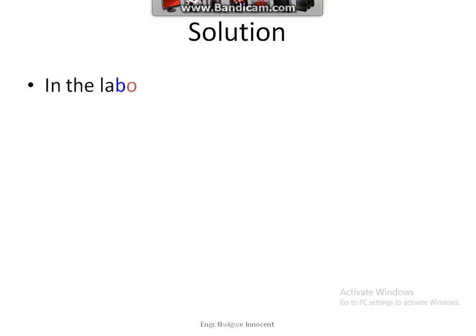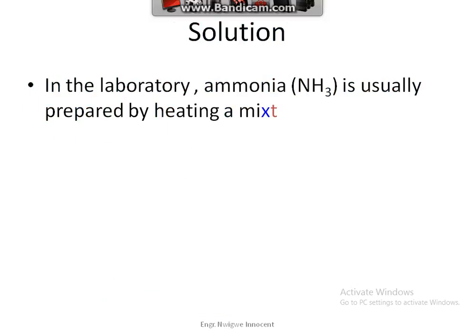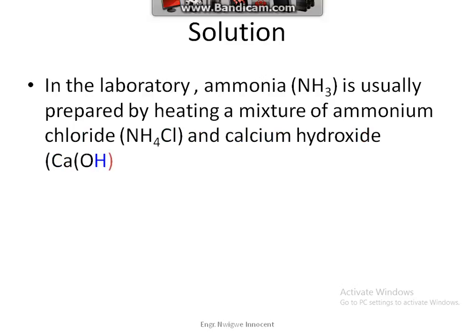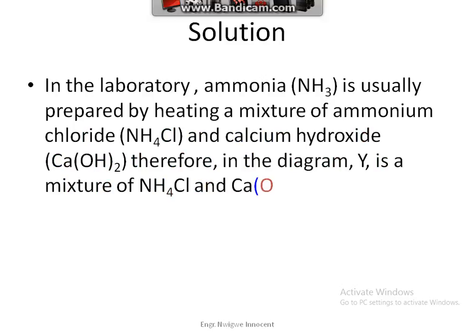In the laboratory, ammonia NH3 is usually prepared by heating a mixture of ammonium chloride, NH4Cl, and calcium hydroxide, Ca(OH)2. Therefore, in the diagram, Y is a mixture of NH4Cl, that is ammonium chloride, and calcium hydroxide, Ca(OH)2. Answer is A.